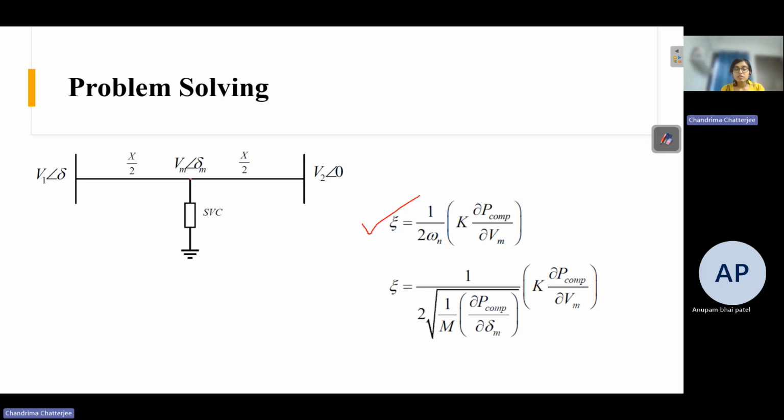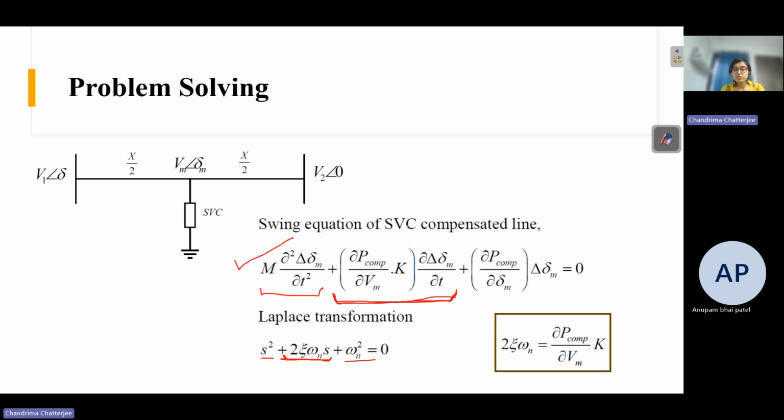So now, this much we understood: if we vary this midpoint voltage, then we will introduce an additional term in the swing equation, which is the term that provides damping.